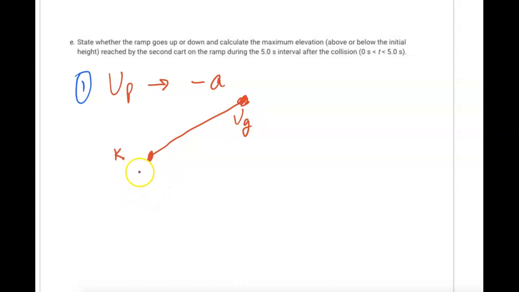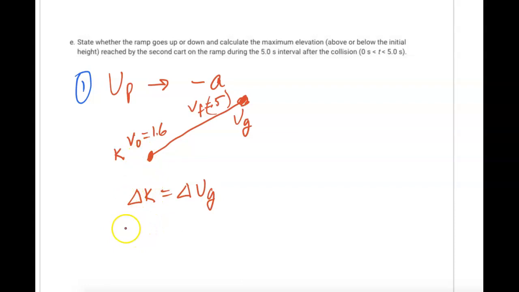So we know that our original velocity is equal to 1.6, and our final velocity is equal to 0.5. Let's say that our change in kinetic energy should be equal to the change in the potential energy due to gravity.